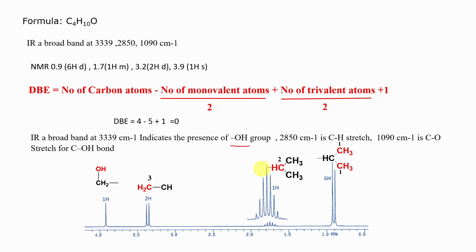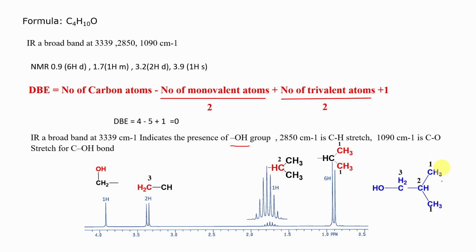These are the fragments, and by connecting these fragments, by considering the molecular formula, there are 4 carbon atoms, and the molecule can be assigned this structure: 2-methyl-1-propanol. The isopropyl group is directly connected to a CH2 group and an OH group.